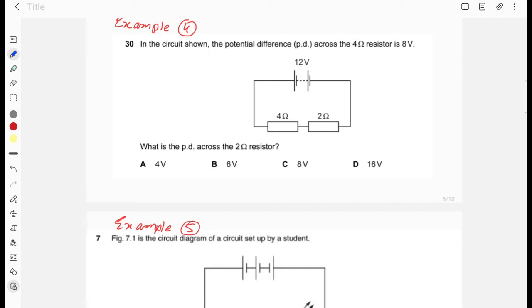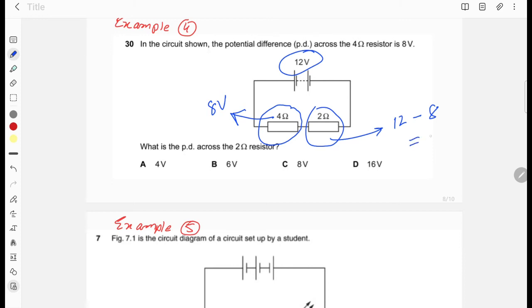We know that this voltage in case of series divides between the resistors, so we can say that for 2 ohm it will be 12 minus 8, which is 4.